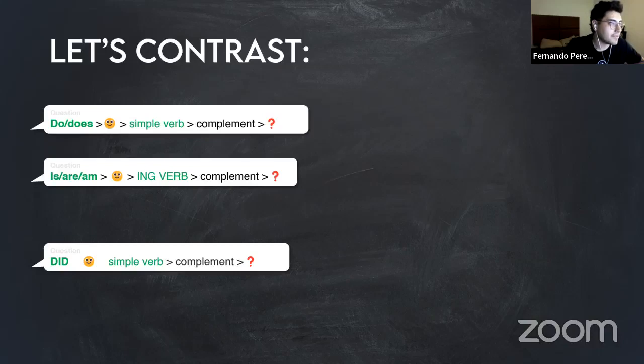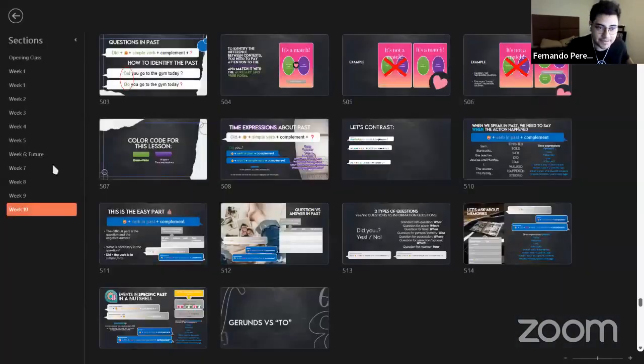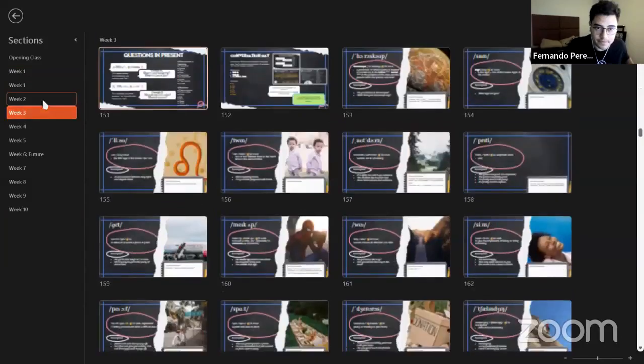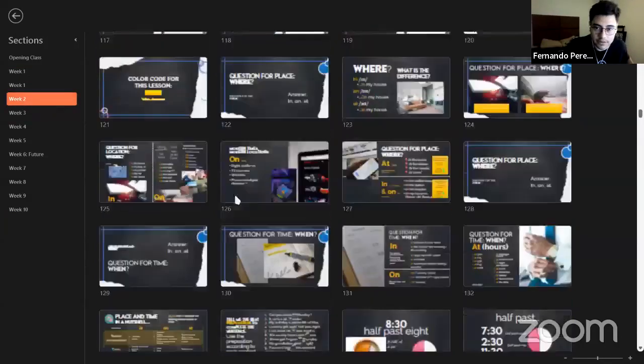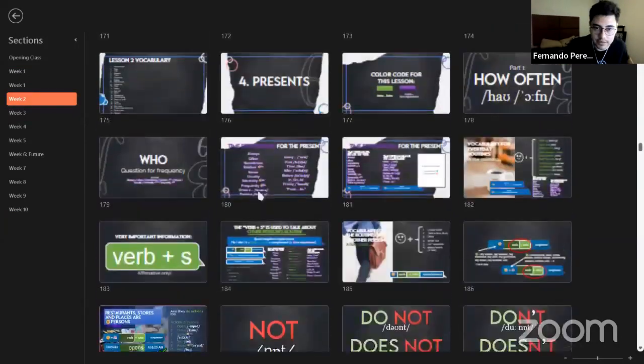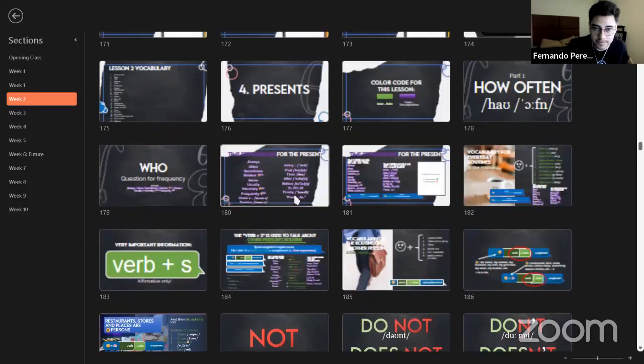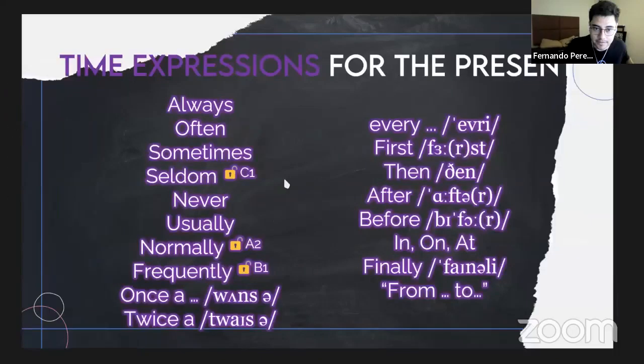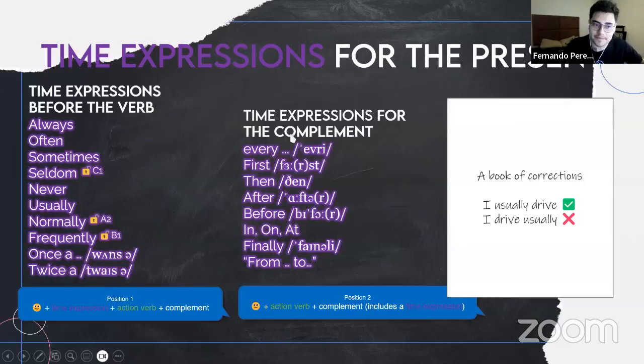So let's talk about the difference. First, the auxiliary is giving you a different thing. The time expression that corresponds to the first formula is in previous classes. Routines, routines, routines. This is present.